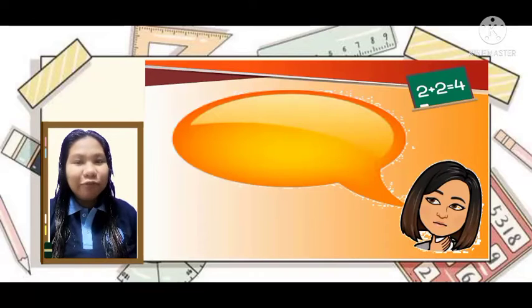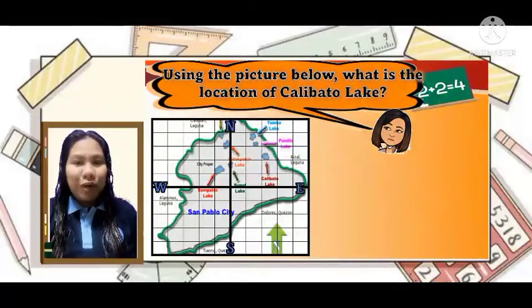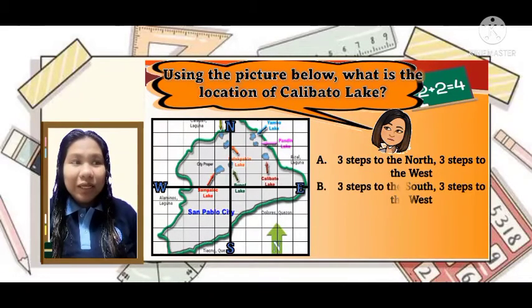Now, let's have the 2-quad. First question. Using the picture below, what is the location of Calibato Lake? A. 3 steps to the north and 3 steps to the west. B. 3 steps to the south and 3 steps to the west.